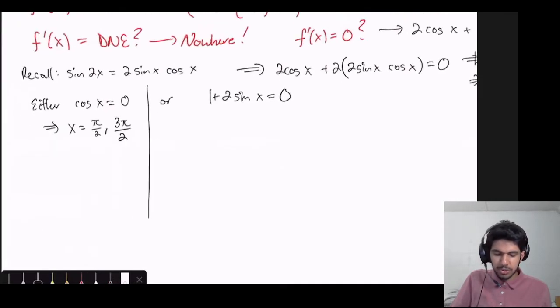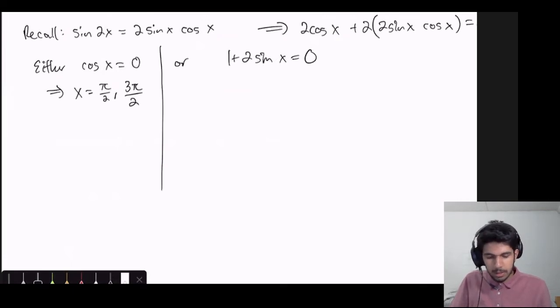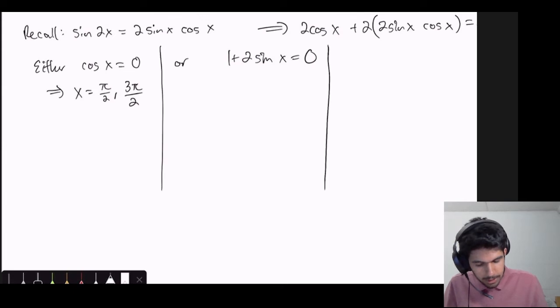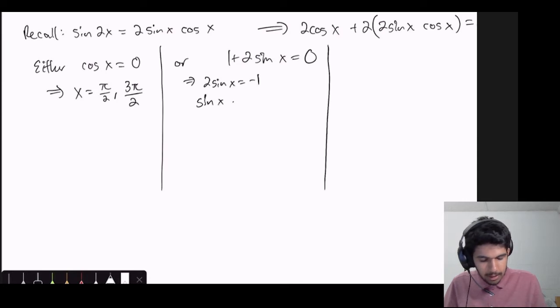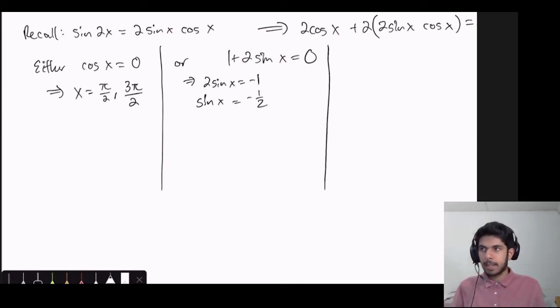So we only want values within that interval. Now let's figure out when 1 plus 2 sine x equals 0. This is when 2 sine x equals negative 1, or sine of x equals negative 1/2. And this occurs when x equals 7 pi over 6 or 11 pi over 6.